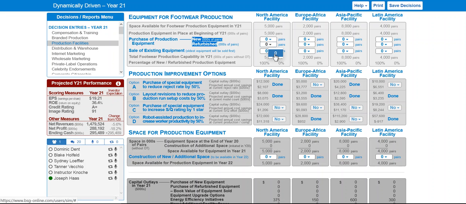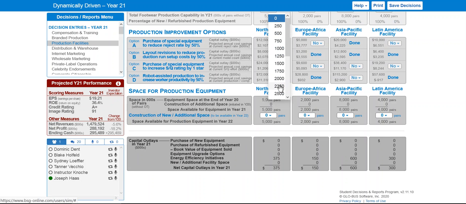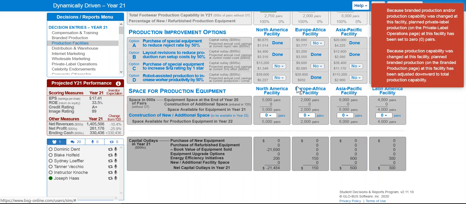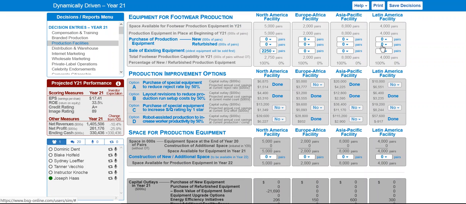So purchasing refurbished equipment, right now we're at full capacity, so it says 0. But let's say I'm going to sell off 2,000 pairs of equipment. That'll allow me to do this. Buying refurbished equipment is cheaper than new equipment.